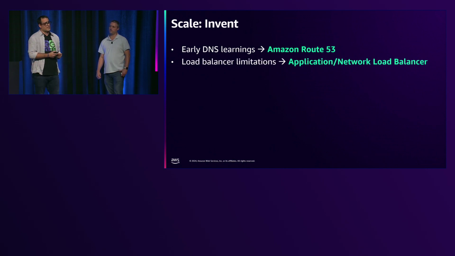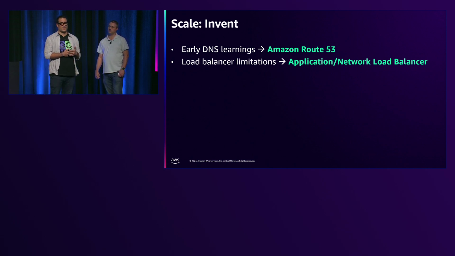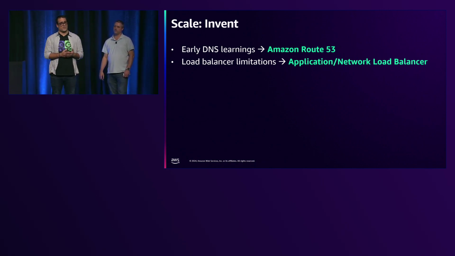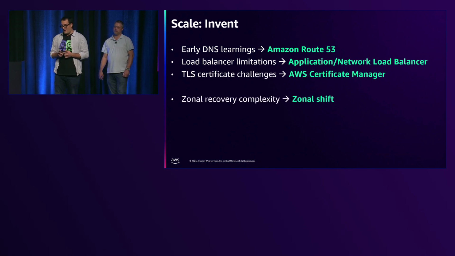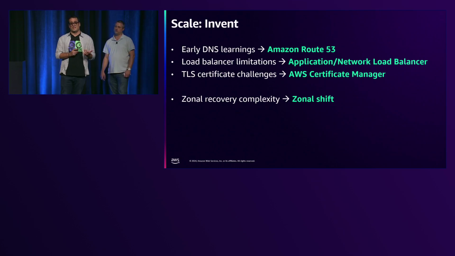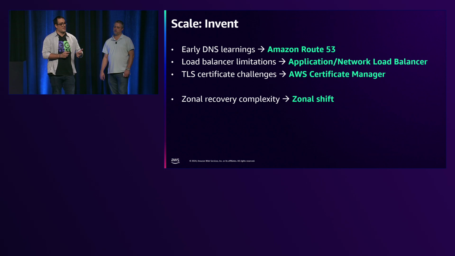Another similar one is the load balancing platform. We went through iterations of them and ended up summarizing all of those learnings and years of operating quite a large-scale load balancing infrastructure into the products that you know, so Application and Network Load Balancer. A third one: who has never dealt with the complexity of TLS certificate rotations at scale? You might have a calendar reminder once a year that tells you to switch that certificate.